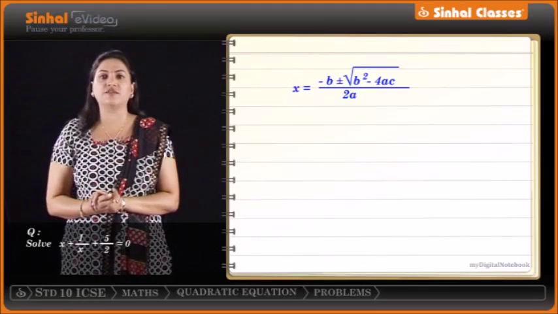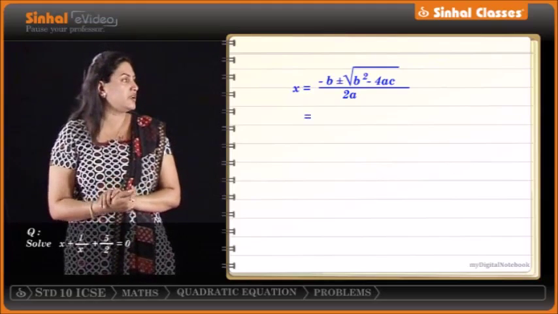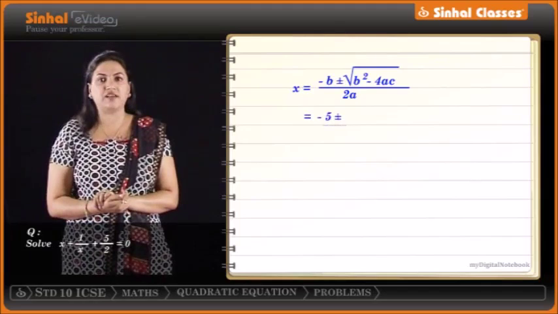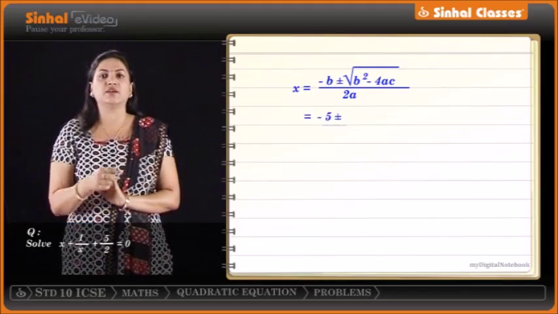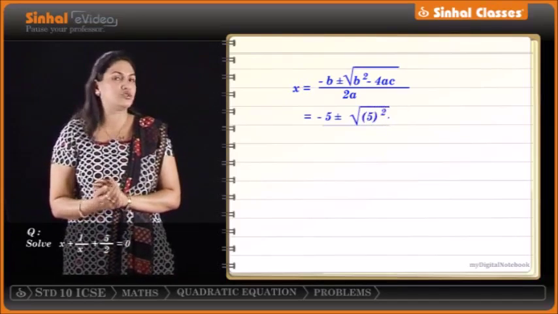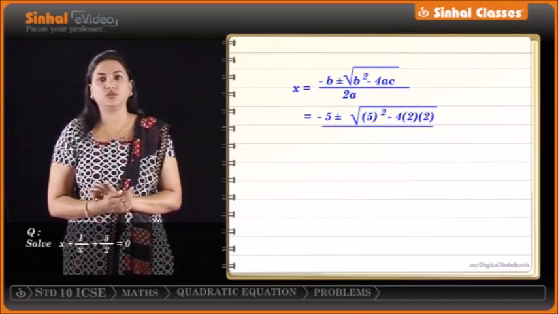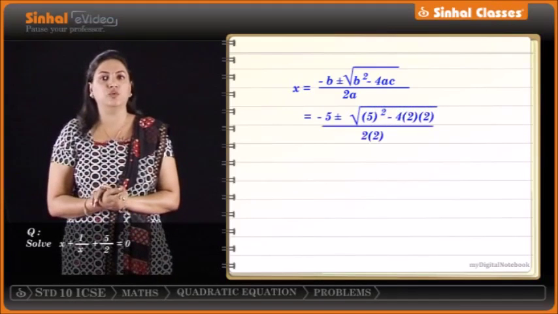Substitute the values of a, b and c to get x is equal to minus 5 plus or minus root 5 square minus 4 into 2 upon 2 into 2 because a is 2.